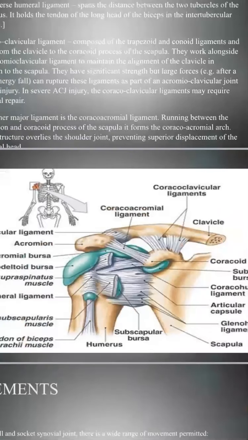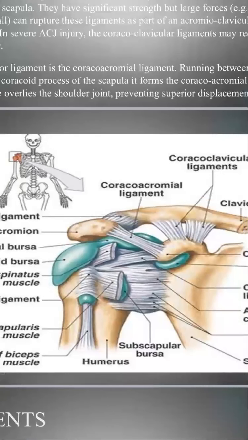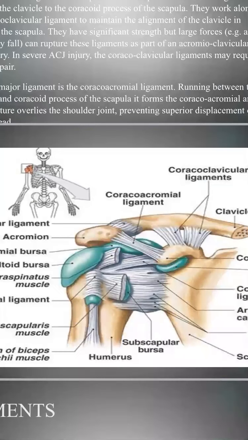Next, the coracoacromial ligament. It is present between the coracoid process and the acromion process.